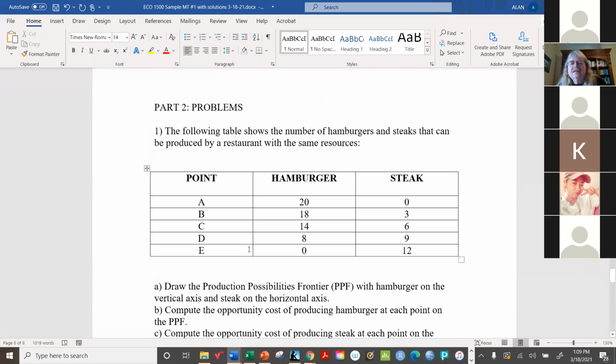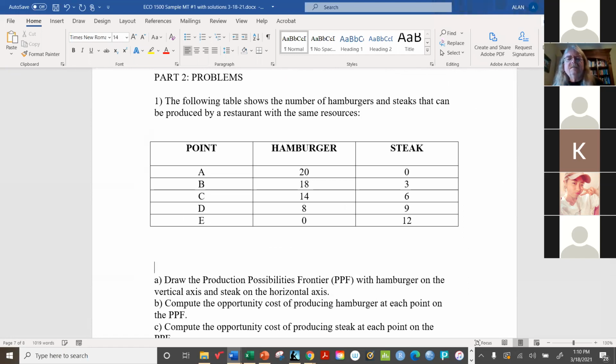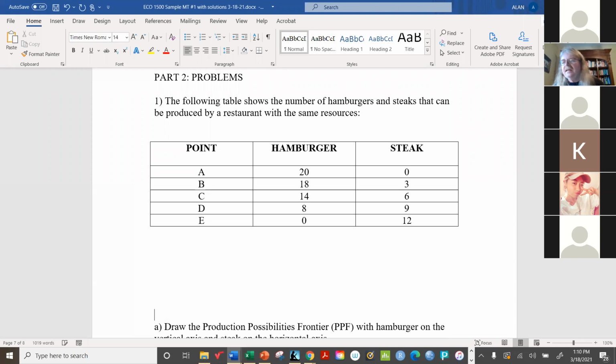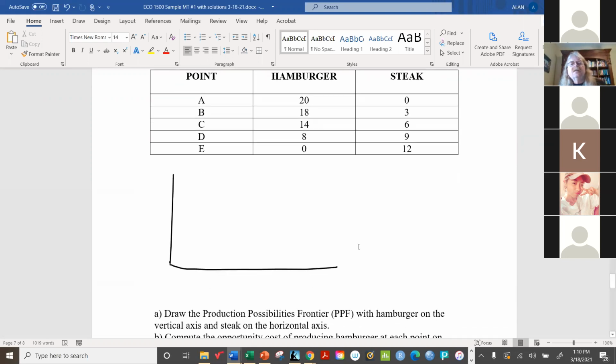That's fine. Now here, once again, we have our production possibilities frontier, and it's hamburgers and steaks. But this time it's not exactly the same as the last one we just did the other day, because the numbers are slightly different, but the principle is the same. And I'm sure that we could use some practice. So let's do this.